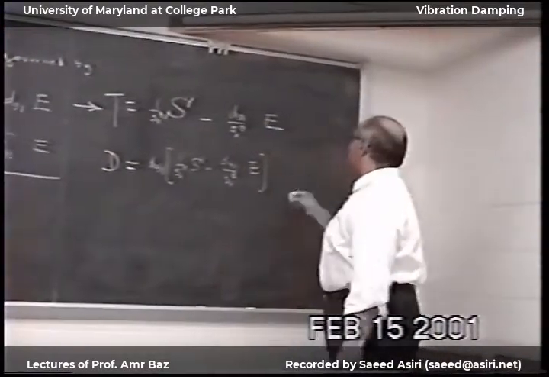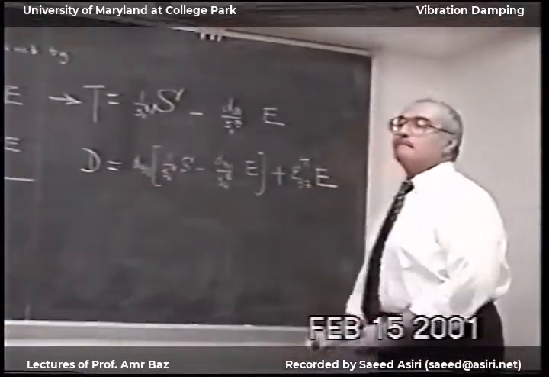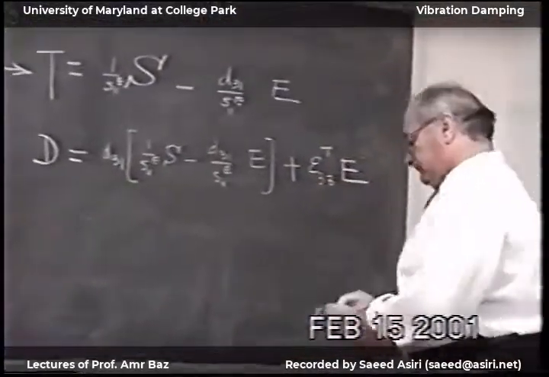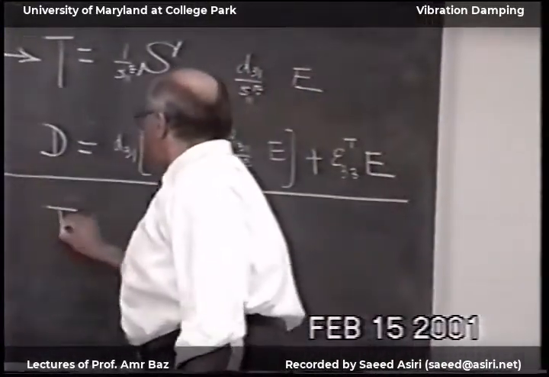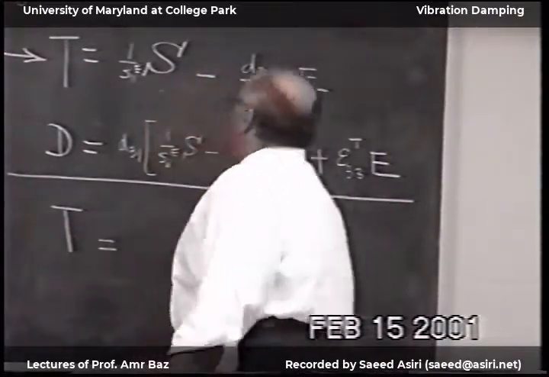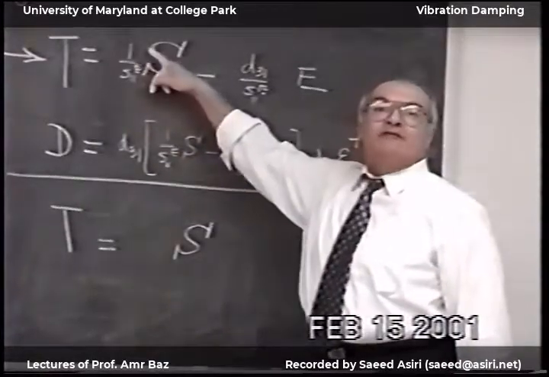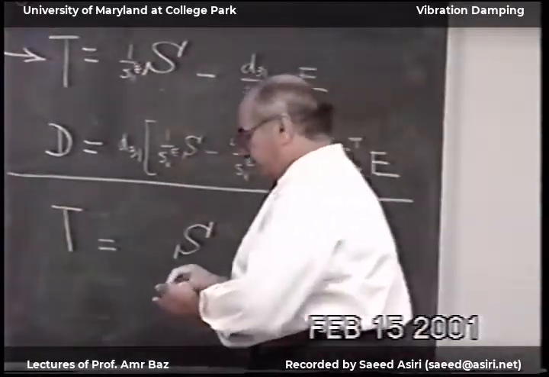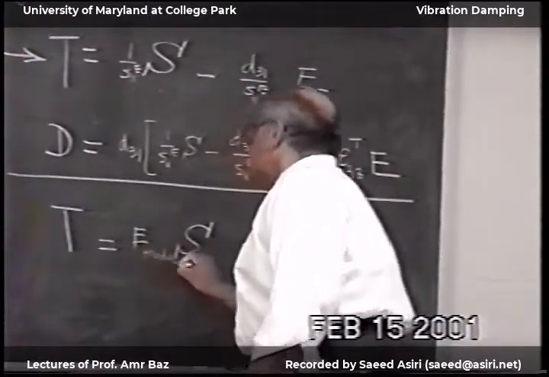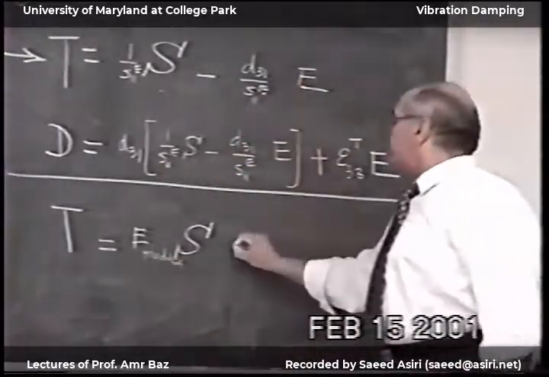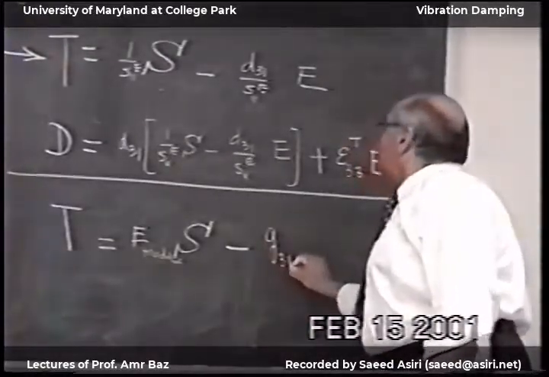And then we have the last term. Now, this is the compliance. When I take the reciprocal of it, it will be Young's modulus. And this last term, I'm going to call it G31.